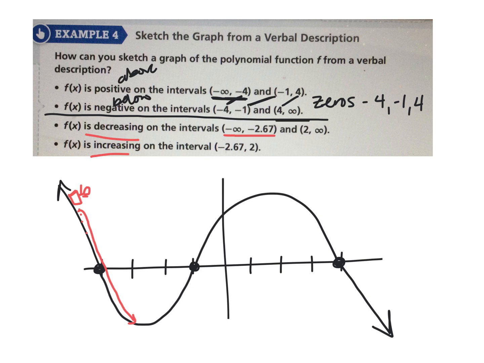I don't really have this quite in the right place, but this low point should be at -2.67. Well, that's not actually terrible. Then it says I'm going to be increasing from -2.67 to 2. So from here all the way until I get to 2 right here, I should be going up. And then again, it says from 2 to infinity, I'm going to go back down, so I'm decreasing again. All right, so that's how we do a rough sketch using a verbal description.